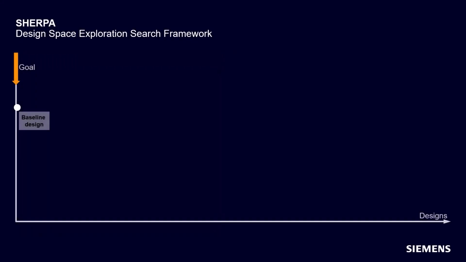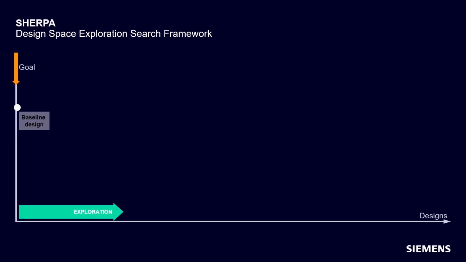In practice, SHERPA works to find the best combinations of variables to attain your goal, set by the user-prescribed objectives and constraints. In this diagram, our goal is to be as low on the y-axis as possible, within the prescribed budget. The budget here is represented by the maximum allowed number of designs on the x-axis.